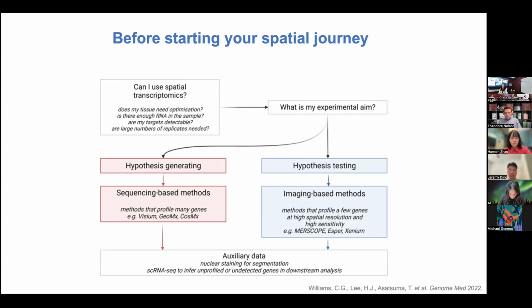The benefit of that is that it's untargeted, you can go for the whole transcriptome, but you may be compromising either resolution or capture rate a little bit when compared to imaging-based analysis. And then there's a series of questions about how we can gather images, how we can segment them, and how easy it is to preserve the samples. These kinds of questions are more on the experimental side.